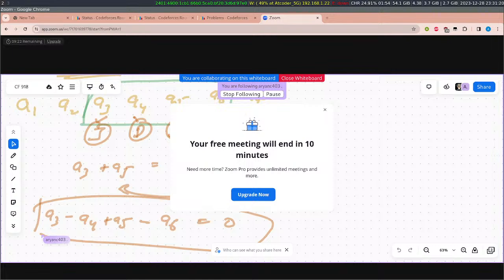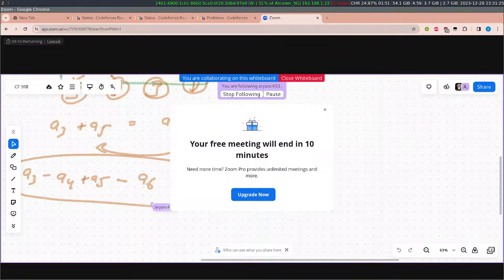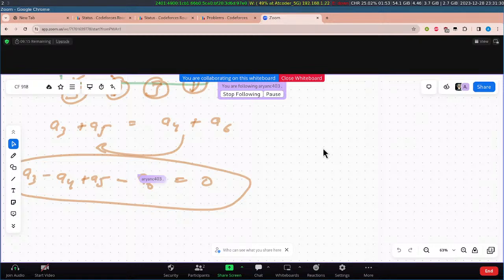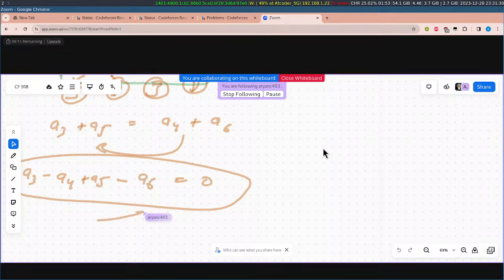So instead of saying that sum of odd indexes minus sum of even indexes is 0, what we can say is that if we multiply by plus 1 for all the odd indexes and multiply by minus 1 for all the even indexes, then the sum of the subarray should be 0.